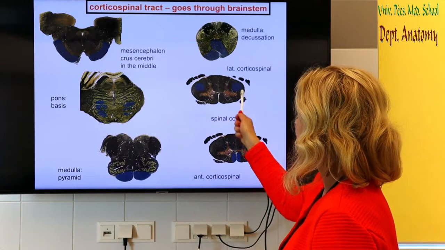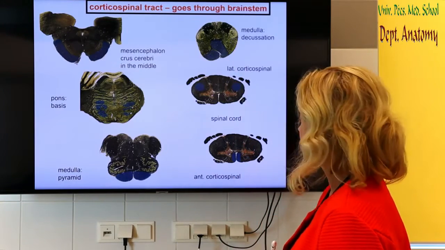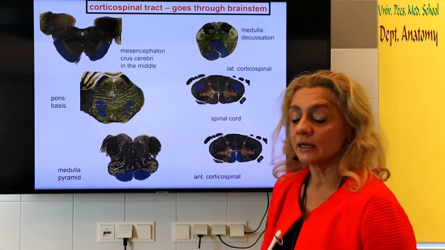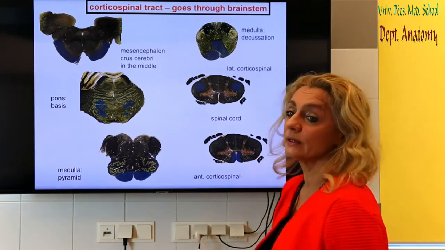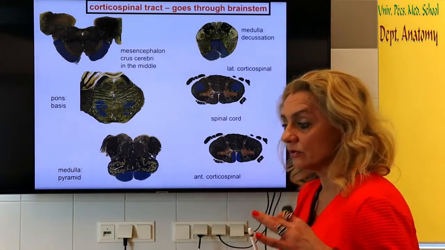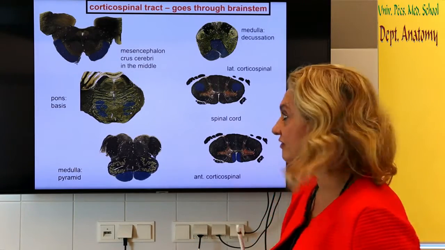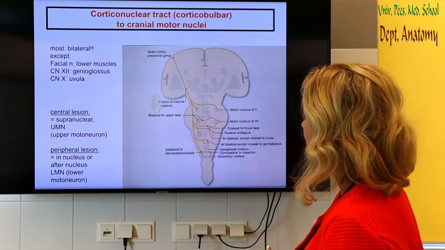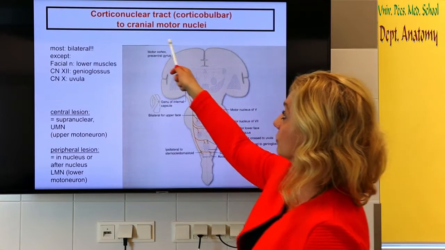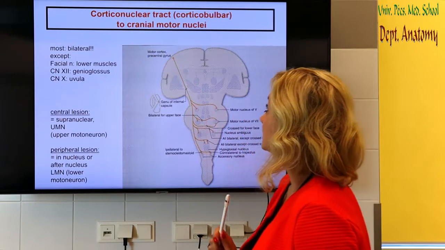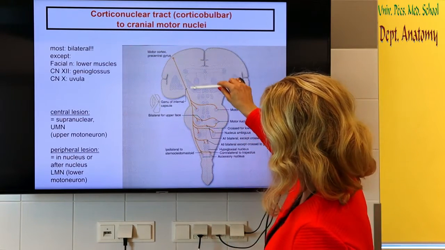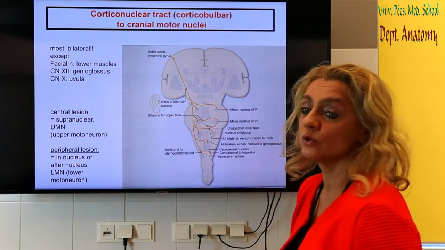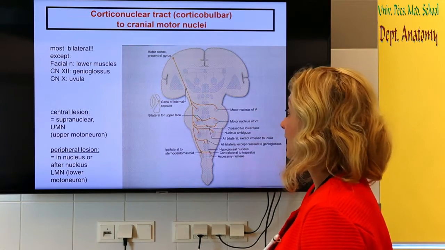These are the fibers that already cross at the level of the medulla, and the anterior tract is the one that is not crossed at the level of the medulla, only crosses at the level of the innervation. So this we have already discussed, the spinal cord part, and now we're going to focus on the corticonuclear tract, which goes to the motor nuclei of the brainstem.